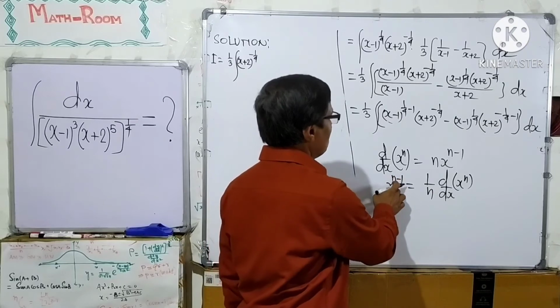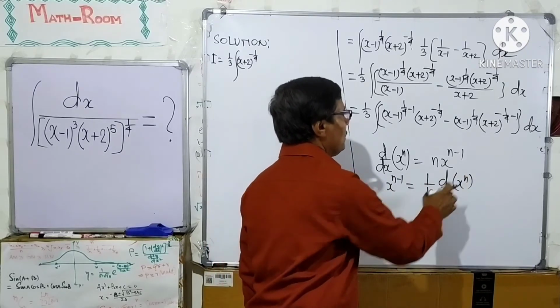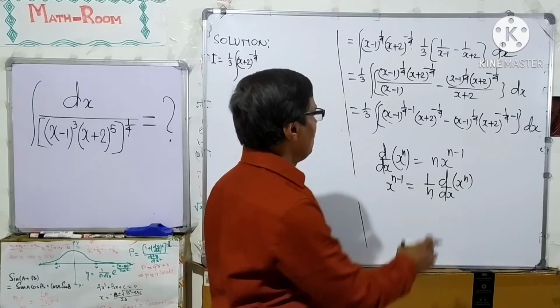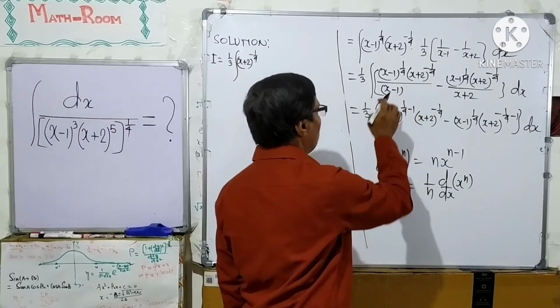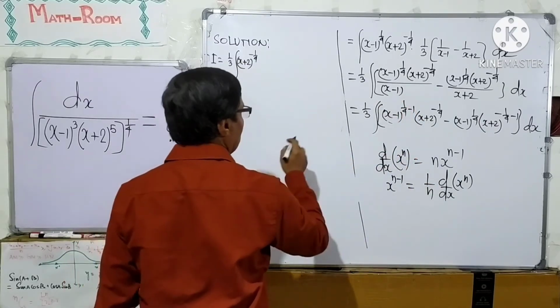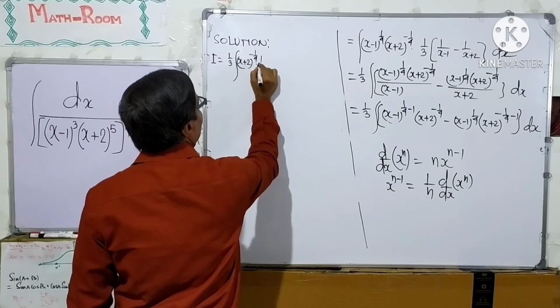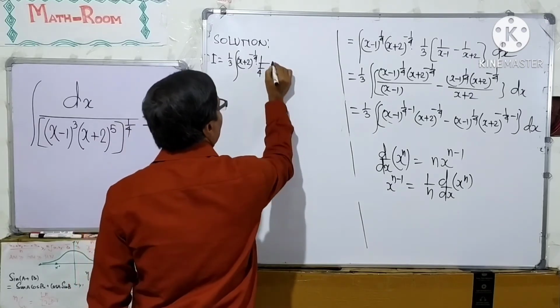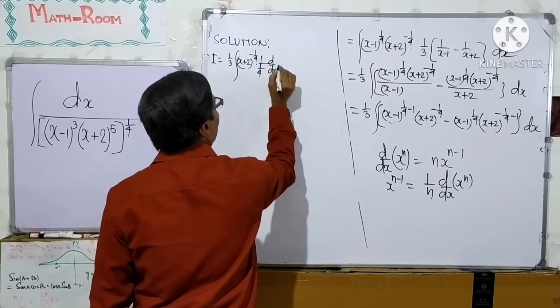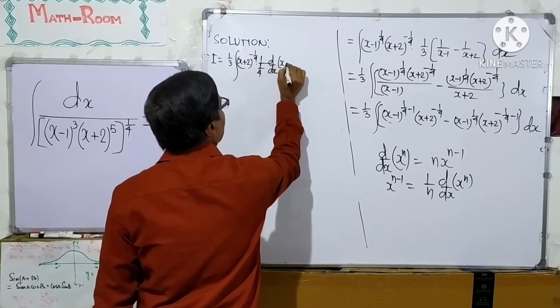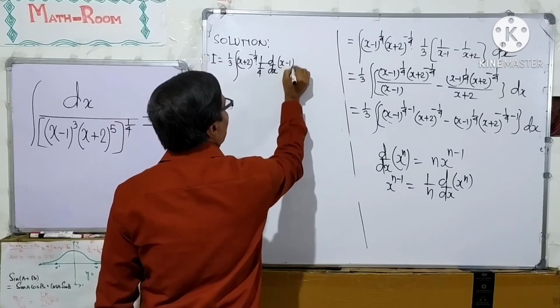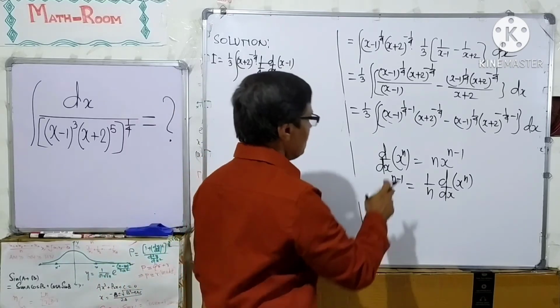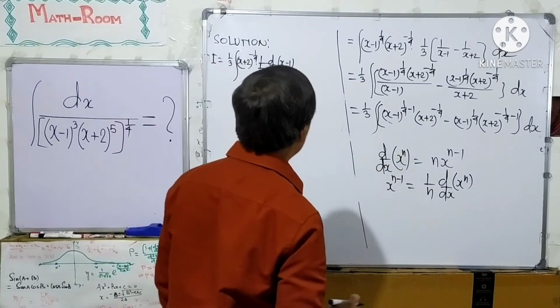So, x to the power n minus 1 equals 1 over n d/dx of x to the power n. Here the value of n is 1 over 4. So, we can write 1 over n, n is 1 over 4, d/dx of (x minus 1) to the power 1 over 4.